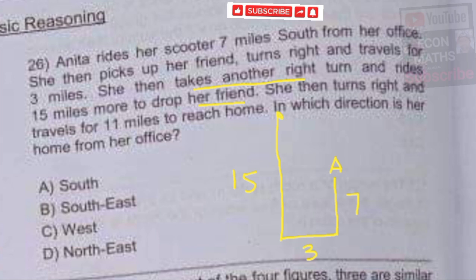So at this point she takes another right turn of 11 miles to reach home. So in which direction is her home from her office? So if A is her office, then this point will be her home.